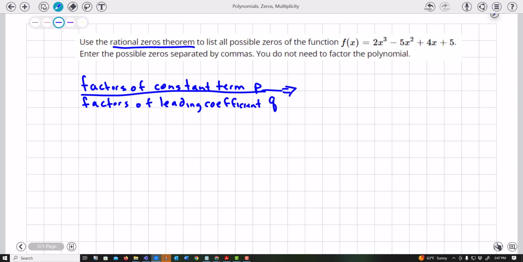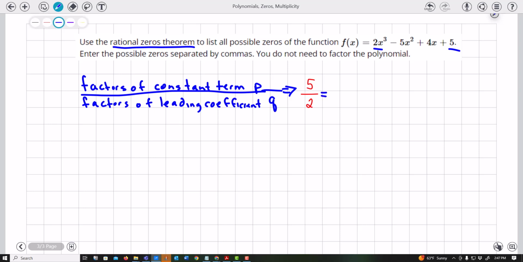And so what we do is, this implies that if I write all the factors of 5 and all the factors of 2, one of these is a possible rational zero. So I'm going to do 5 first. Let me just write it like this, which are going to be the factors of 5, and then this one will be the factors of 2.